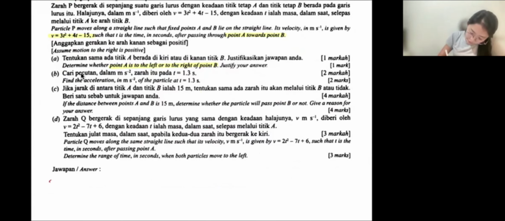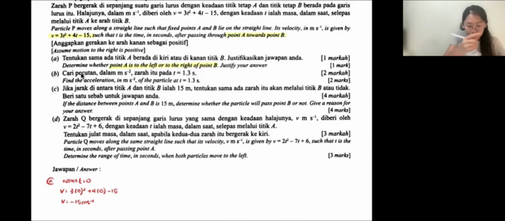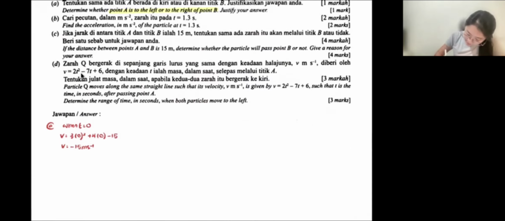Well, guys, we have the velocity equation. You can find out at the beginning when t equal to 0, what is v. So you just substitute t equal to 0. See, it is having a negative velocity. Negative velocity meaning it is moving towards the left, which means that B is on the left of A. Your particle is moving in this direction.